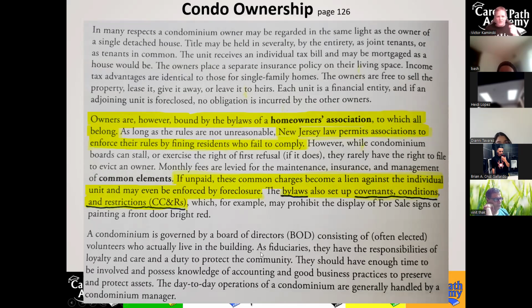Okay. So condominiums are governed by the board of directors, consisting of often elected volunteers who actually live in the building. I guess they got a lot of extra free time on their hands to try to be volunteers, to act like politicians, right? So as fiduciaries, they have the responsibility of loyalty, care, and the duty to protect their communities. So it's kind of like elected politicians, right?